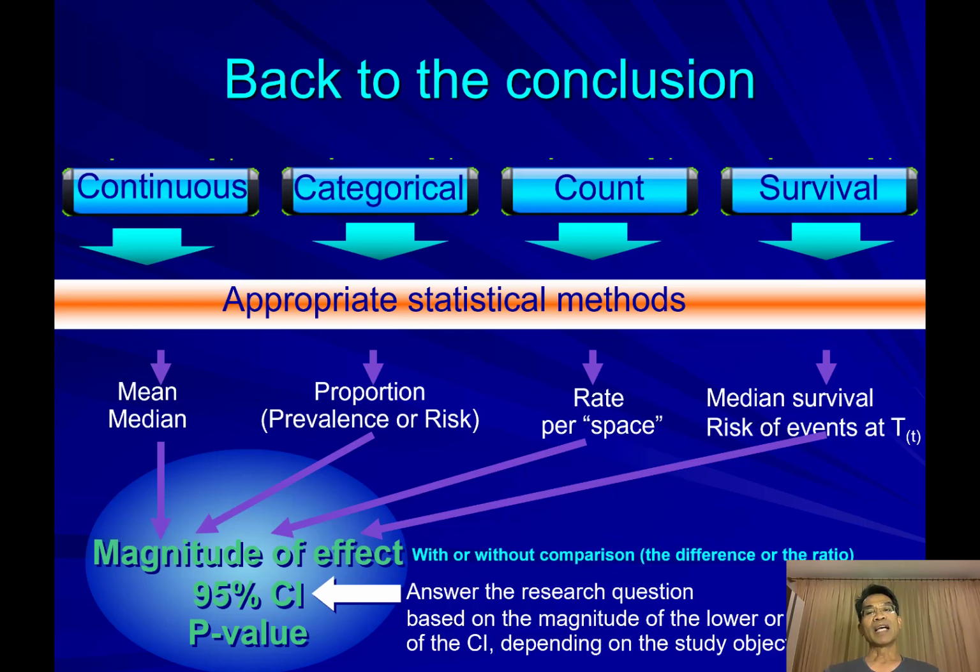Whatever it is, we need to quantify this after we apply the statistical method. All the quantifications about this I have covered in the previous episodes about the central limit theorem and how we can calculate the CI and p-value. In that episode, I used the continuous outcome, but the same principle can apply to any.